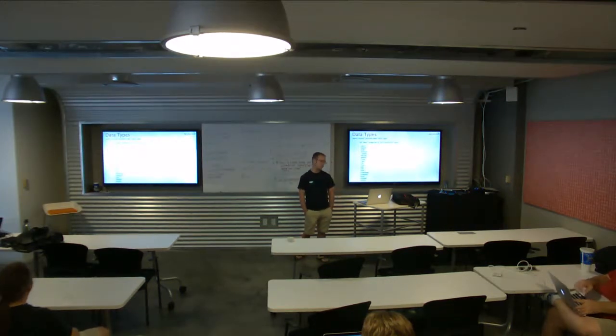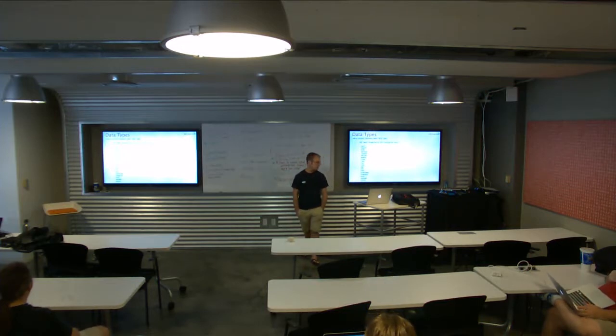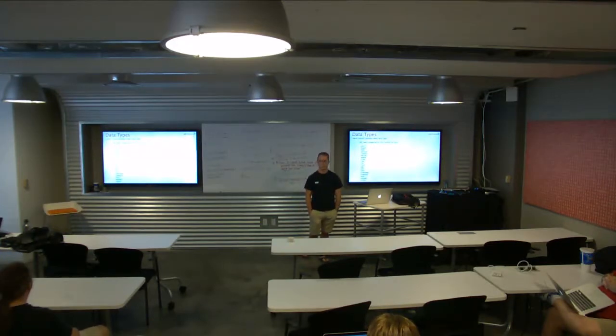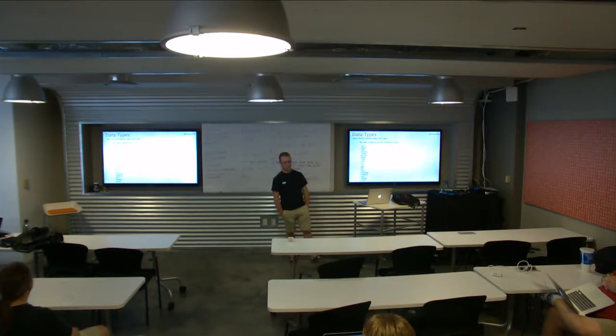Data types, this is copy-pasted from the CQL shell, which comes bundled with Cassandra. You can load it up if you've downloaded it, but all your standard data types. The interesting ones are counter types, which we'll have an example of when we get to a concrete example.